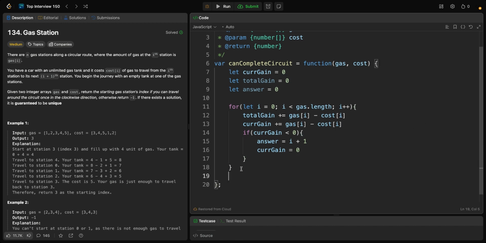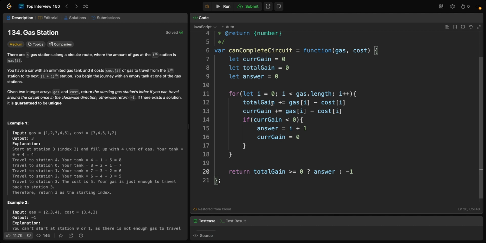And in the end I'll return: if the total gain is bigger than or equal to 0, I will return answer, otherwise I return minus 1.